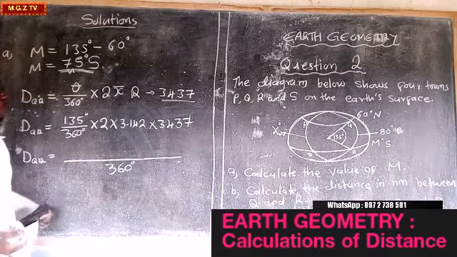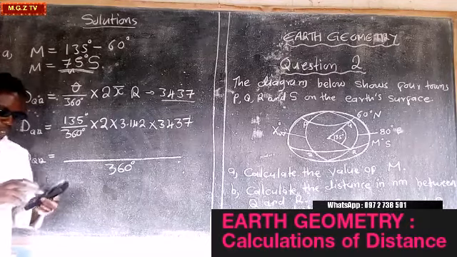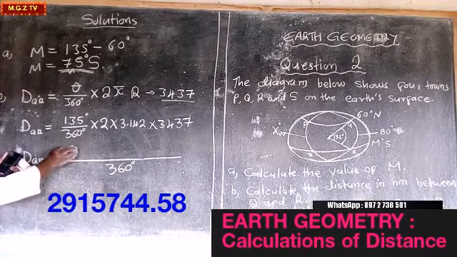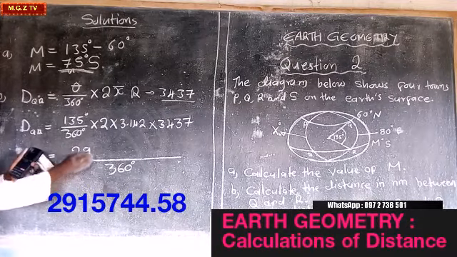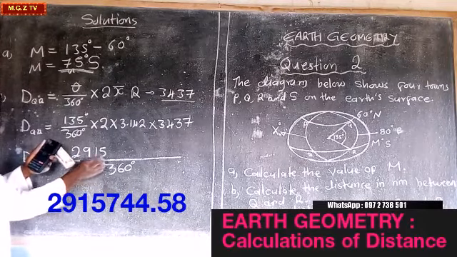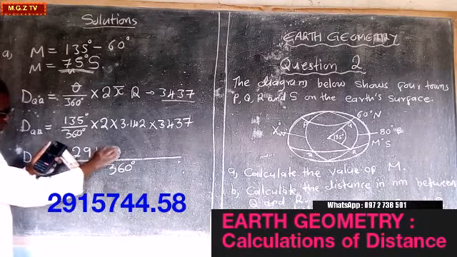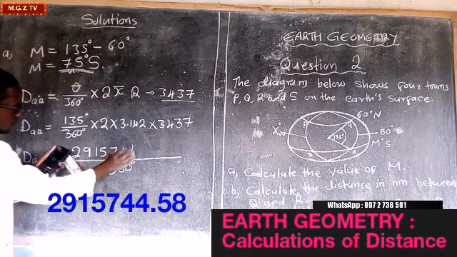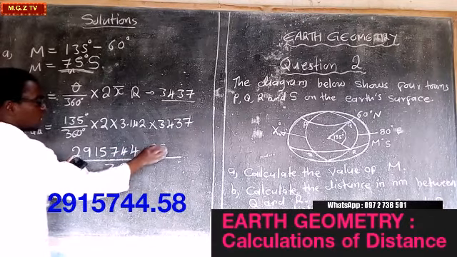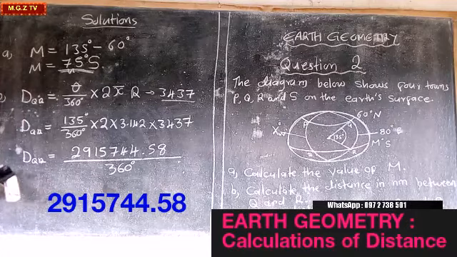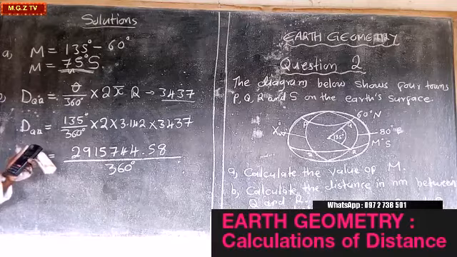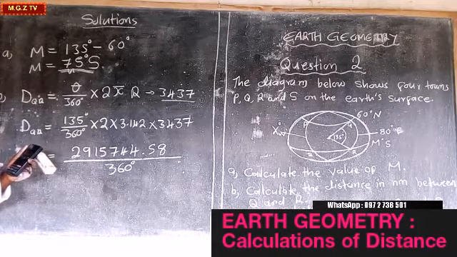Using the calculator, the answer is 2,915,744.58. From there we divide. Just press the division sign, then 360.